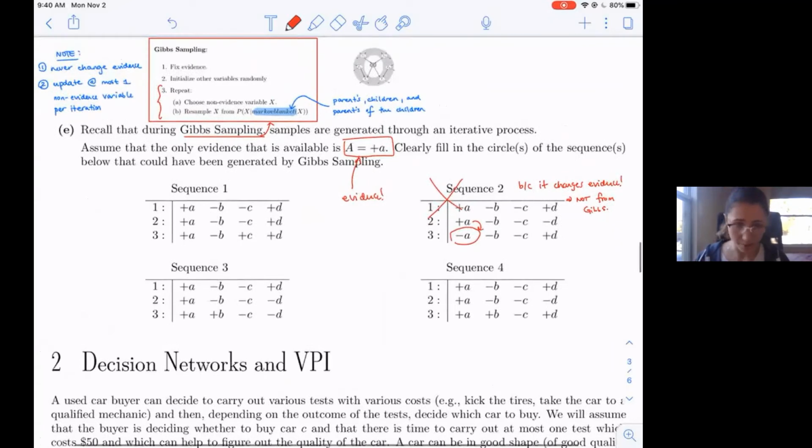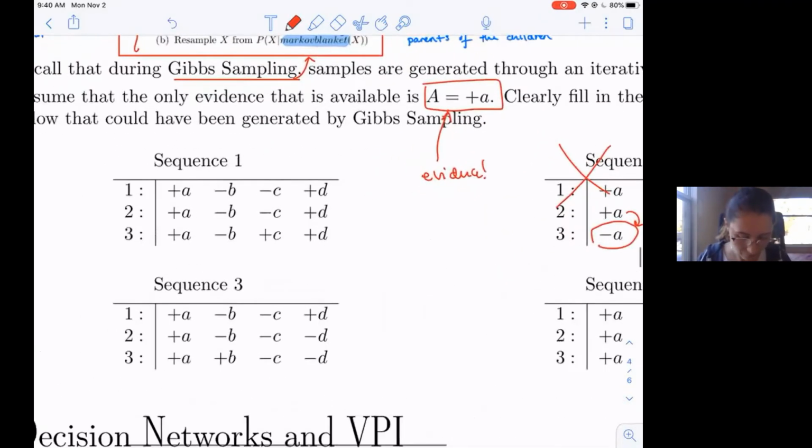Okay, the second property that's important about Gibbs sampling is that it updates at most one non-evidence variable per iteration. So let's look at each of these and see whether or not that holds for each of these iterations. So in sequence 1, at the very first time here, nothing has changed, and that's okay, because in Gibbs sampling, at most 1 will change.